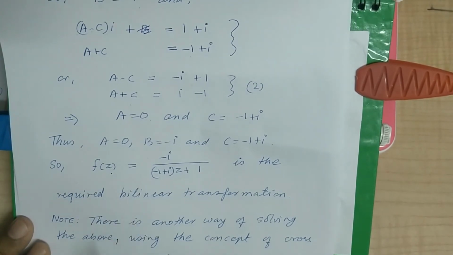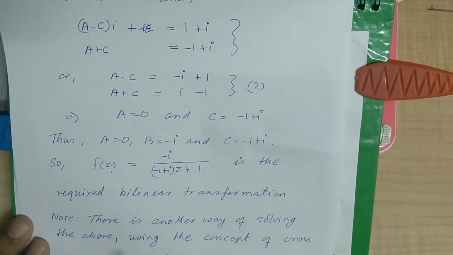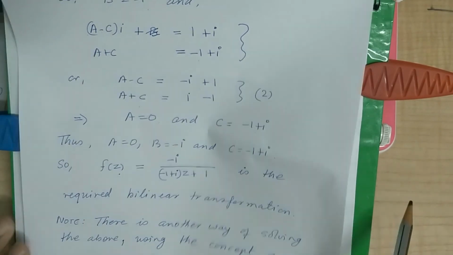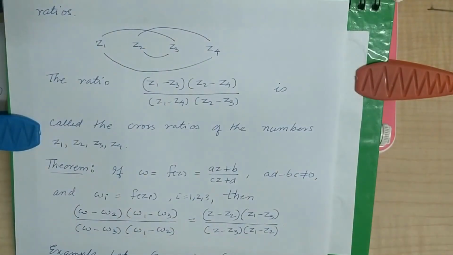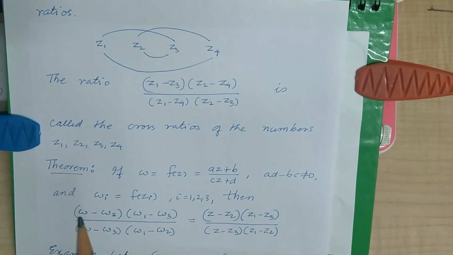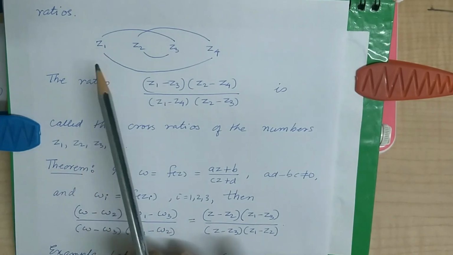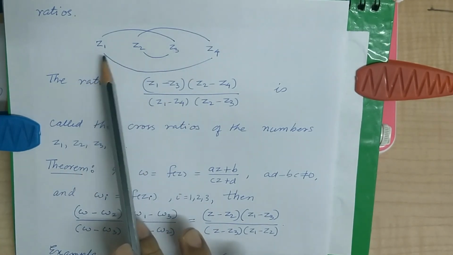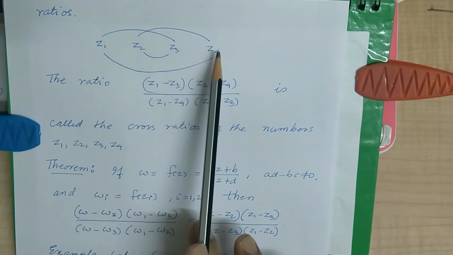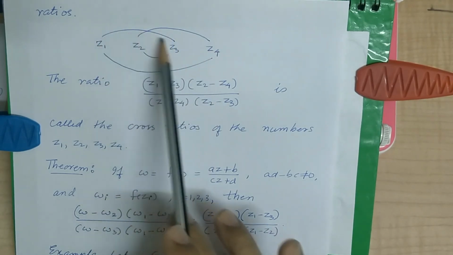This example can be done in a different way, and that is using the idea of cross ratios. That is the next thing. So what are cross ratios? If I write down 4 complex numbers z1, z2, z3, z4, look at these lines.